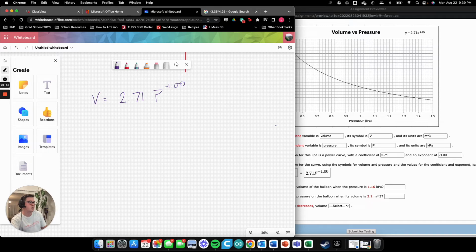So if we have a pressure of 1.16 kPa, we're going to put that up there and rewrite the equation. V equals 2.71 times 1.16 kPa to the power of negative 1.